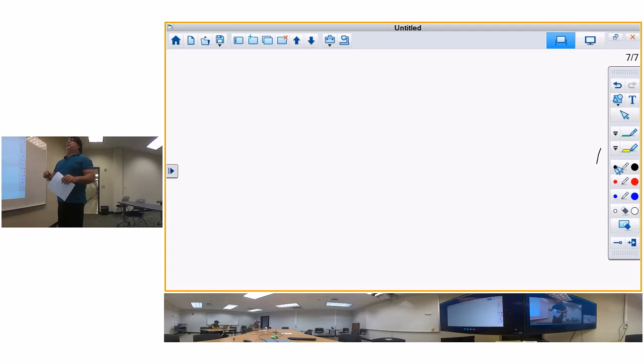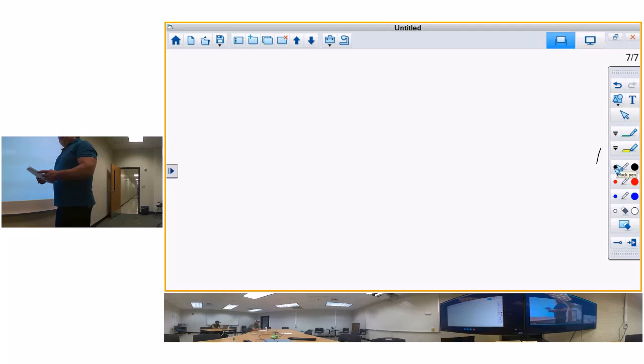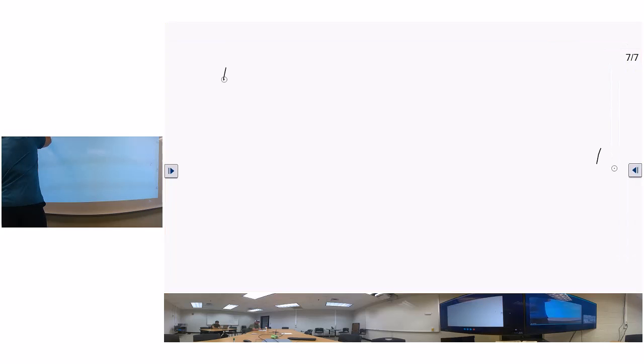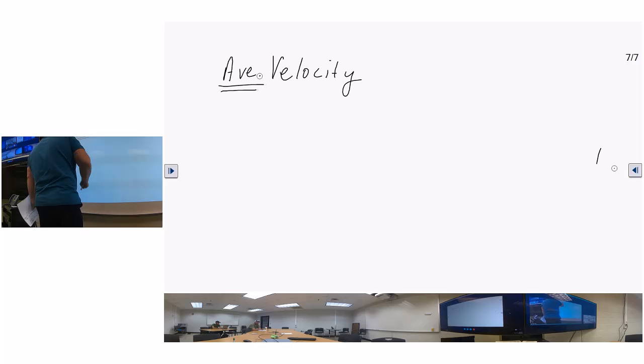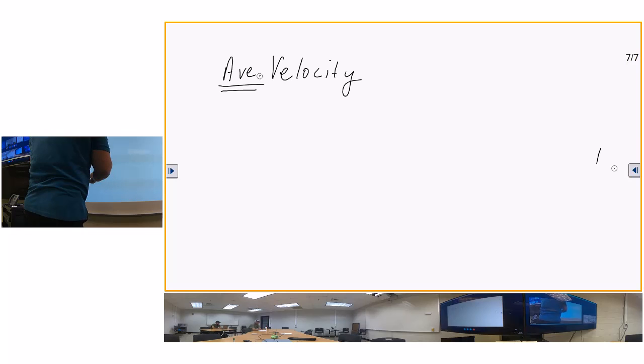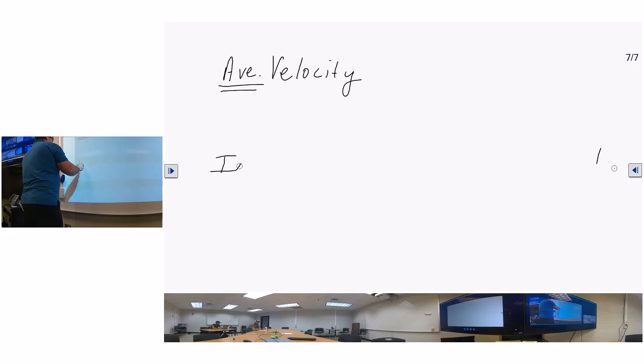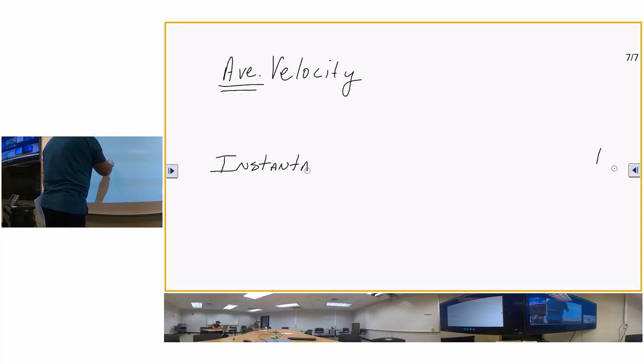All right? So why do you need to know that? Well, you need to learn to start reading the questions and knowing what they're asking for. So in this case, sometimes, and I've already gone over this with you, there are two things. There's the average velocity. And I want you to really highlight average because I'm going to get into that in just a second. And there's the instantaneous velocity.